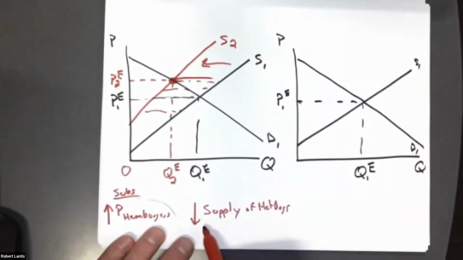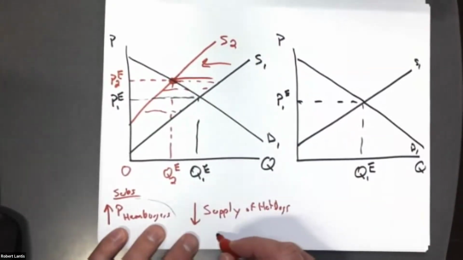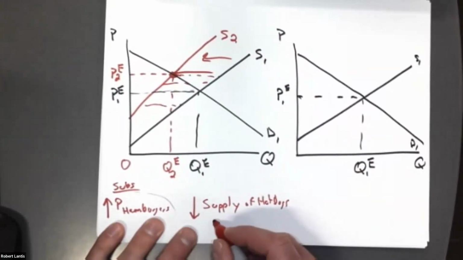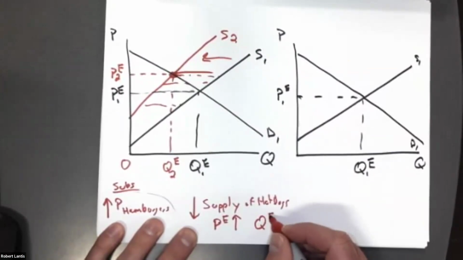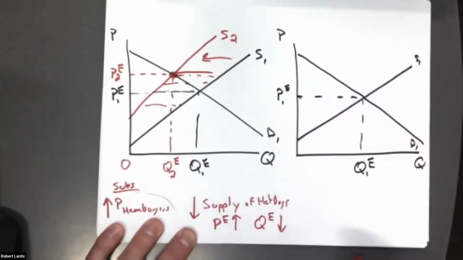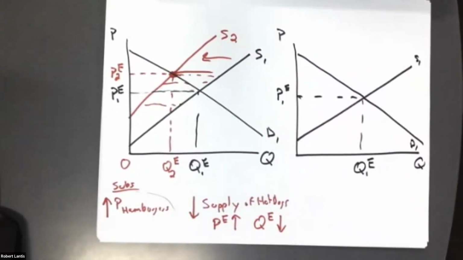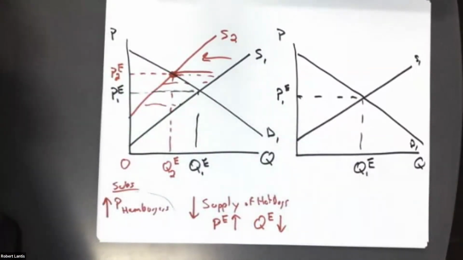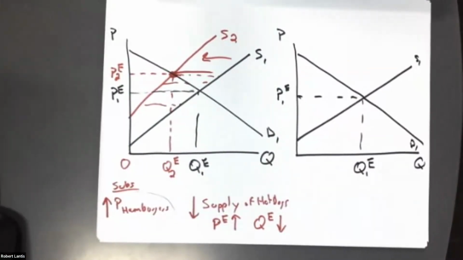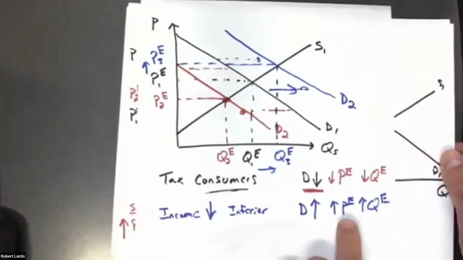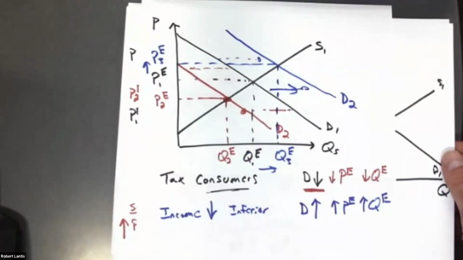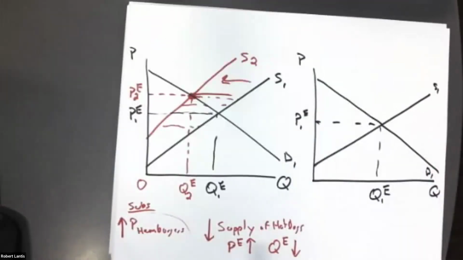So supply decreases are going to cause my equilibrium price to go up and my equilibrium quantity to go down. So supply shifts push equilibrium price and quantity in opposite directions, whereas when we had our demand shifts, notice it was pushing those two things in the same direction. Okay.